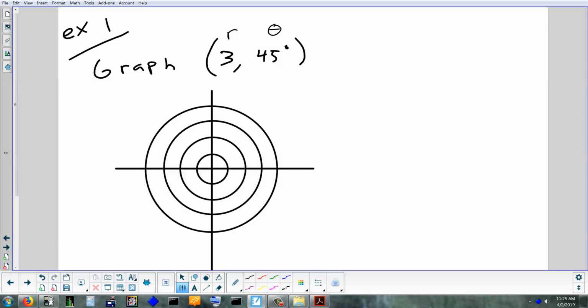Gabe, do I go 3 units right or 3 units left? Right. Yep, 3 units to the right. I'm just going to put a temporary X there. I'm actually going to erase that in a second. And now I don't have the lines, but I'm going to go 45 degrees which way? Clockwise or counterclockwise? Yep, counterclockwise. So you should be right about there. And that's how you graph the point 3, 45 degrees.